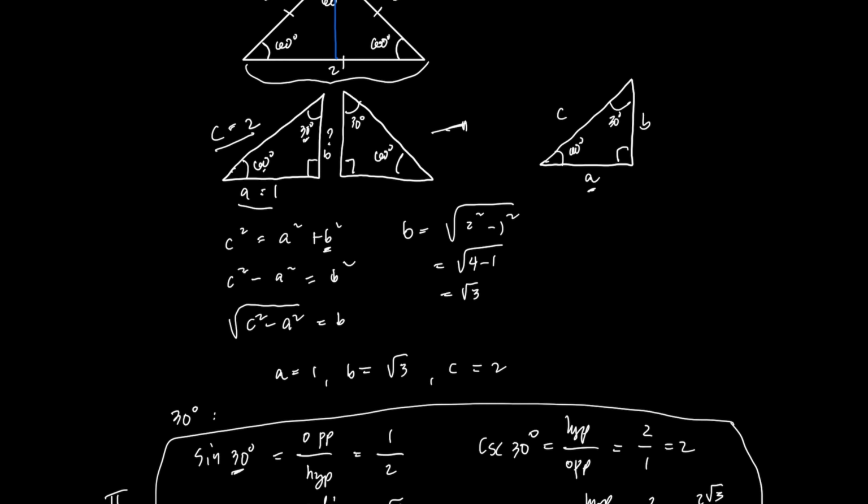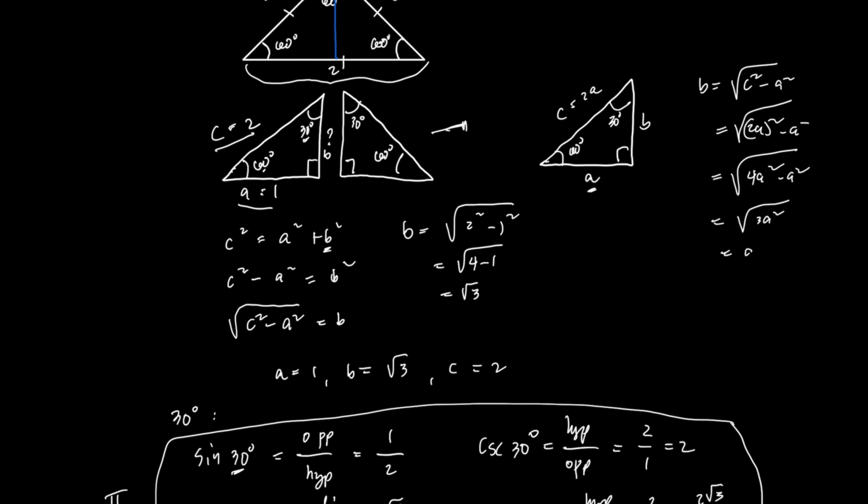Note that if this side is A, the C here is 2A, and the B, if we compute for the B, is the square root of C squared minus A squared, and our C squared is 2A squared minus A squared, so that's the square root of 4A squared minus A squared, that is simply 3A squared, and that is A square root of 3.